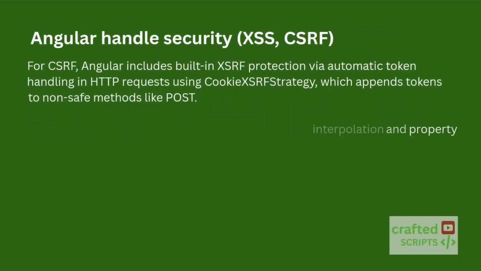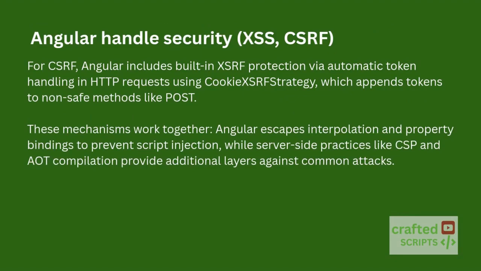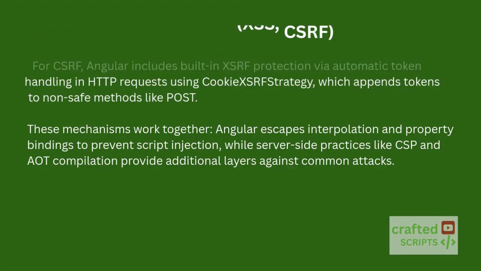For CSRF, Angular includes built-in XSRF protection via automatic token handling in HTTP requests using the cookie XSRF strategy, which appends tokens to non-safe methods like POST. These mechanisms work together. Angular escapes interpolation and property bindings to prevent script injection, while server-side practices like CSP and AOT compilation provide additional layers against common attacks.